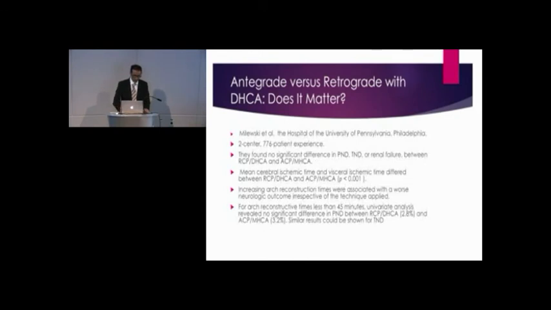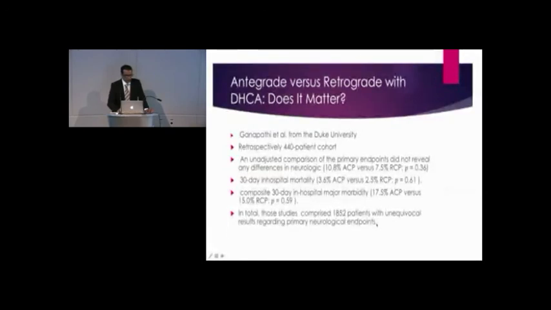Another group from the University of Pennsylvania compared two different groups, retrograde with deep and moderate with antegrade. They found there is no difference in outcome in terms of BND, TND, or mortality.